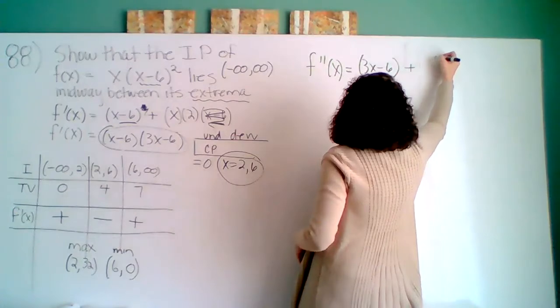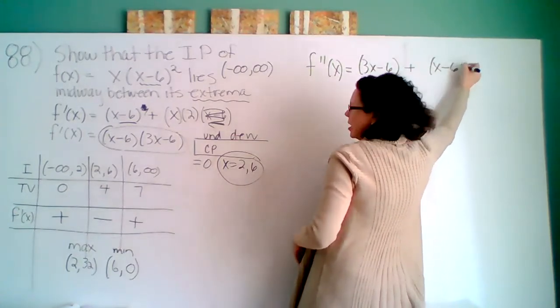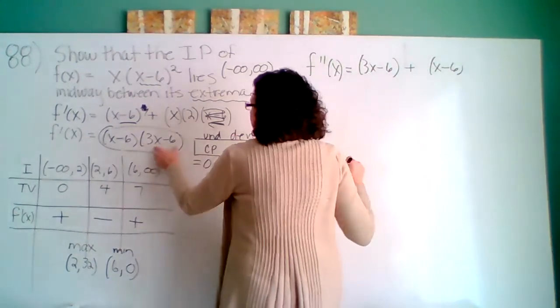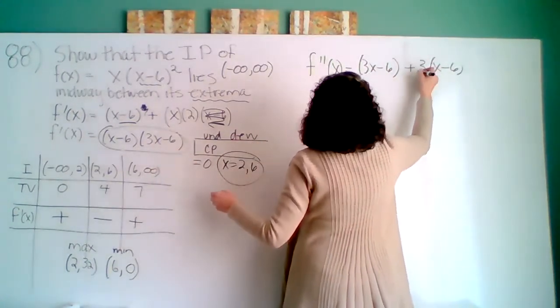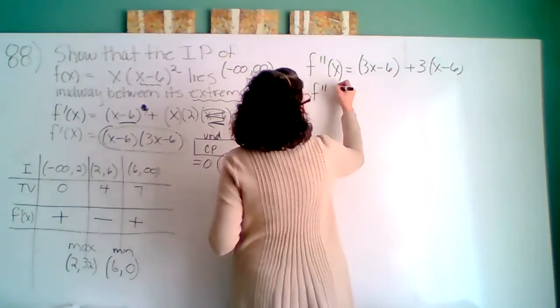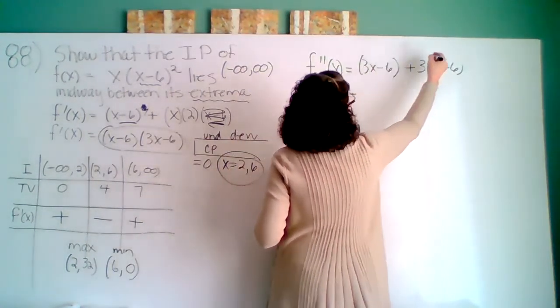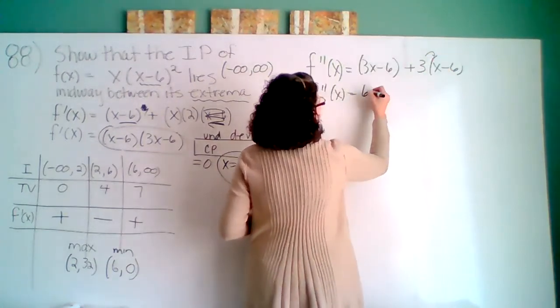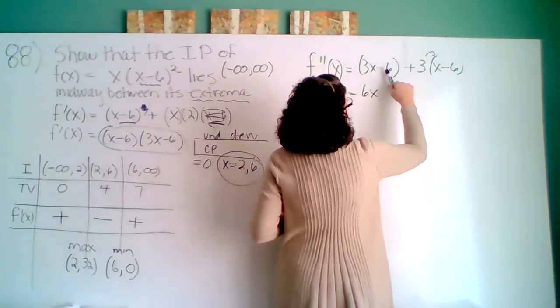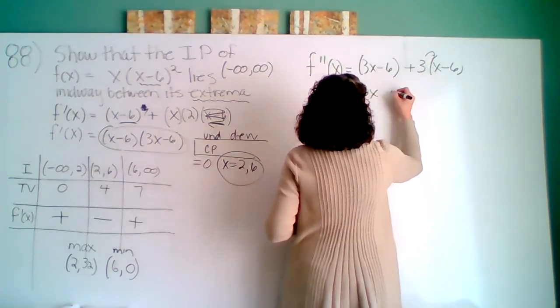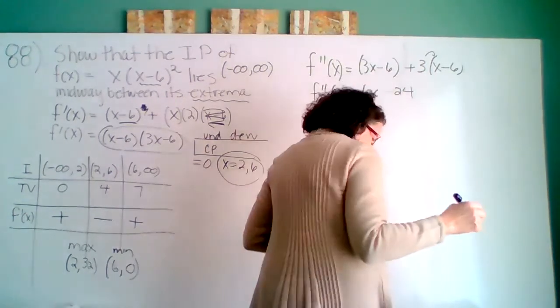Plus, I'm going to keep my x minus 6 and multiply it by the derivative of 3x minus 6, which is 3. Let's just clean that up a little bit. I have a 3x and a 3x, so that's 6x, and I have a minus 6 and a minus 18, so a minus 24.